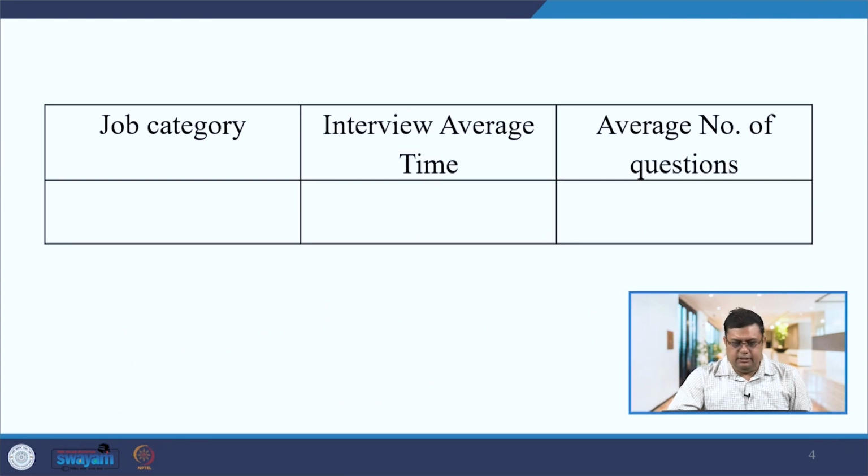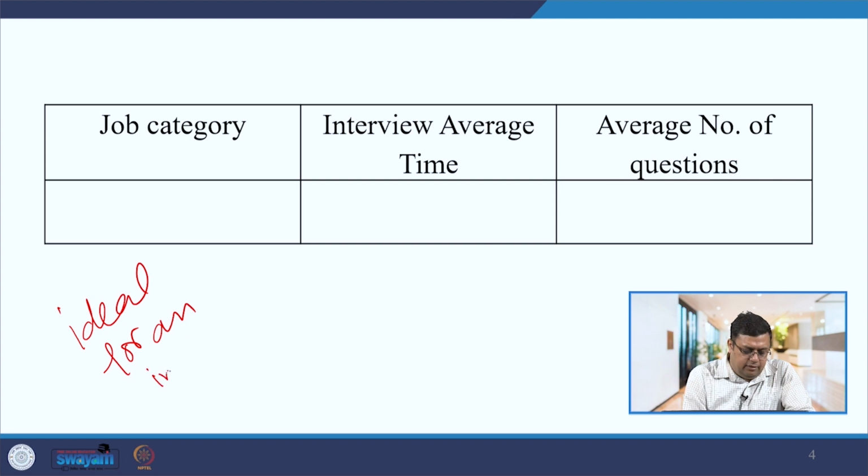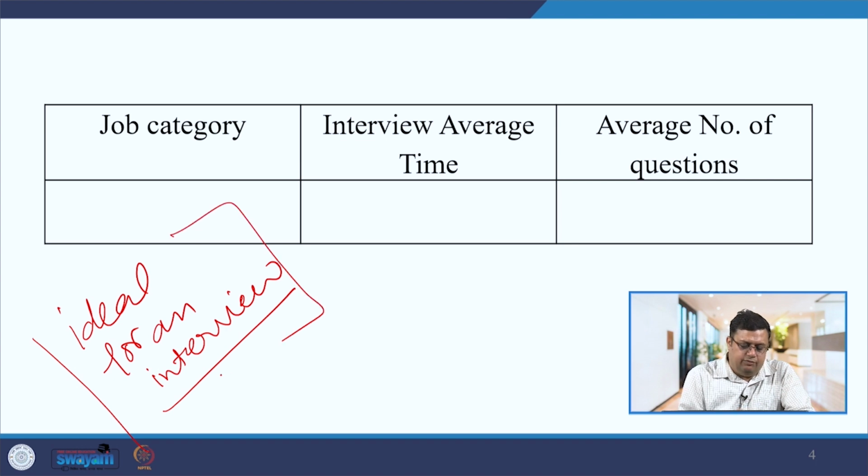Next important thing that I always say: we should think about what is the ideal time for an interview. How should we decide the ideal time for an interview? For some positions you will see the interview may take one whole day, with different departments and different rounds.